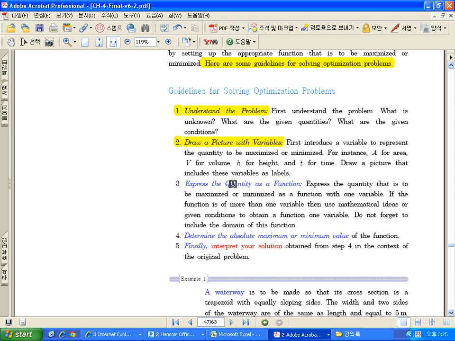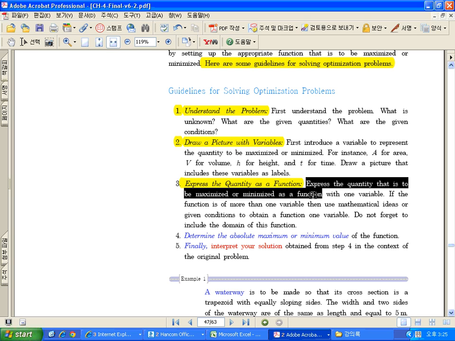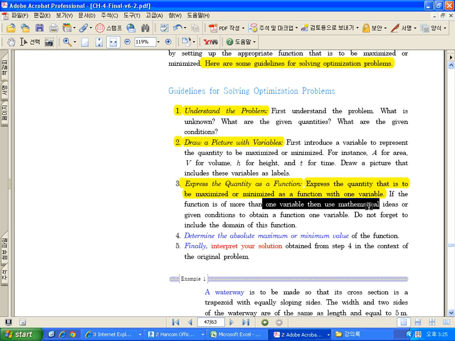Then express the quantity that is to be maximized or minimized as a function, if possible, with a one variable function. If a function has more than one variable, then use mathematical ideas or given conditions to obtain a function of one variable, at this level of your class.